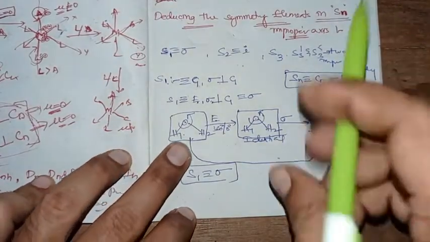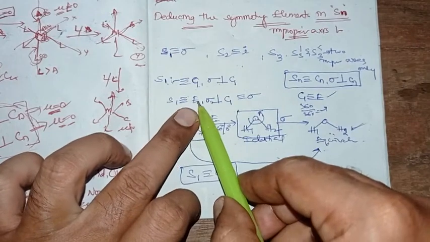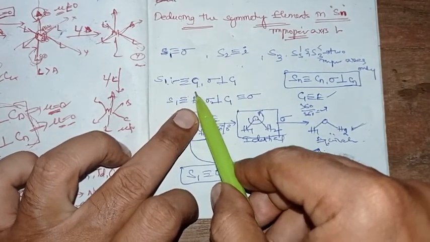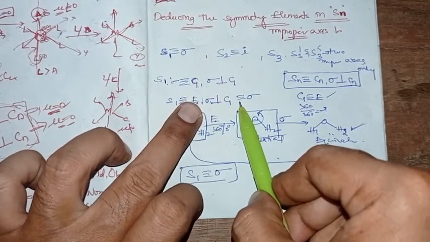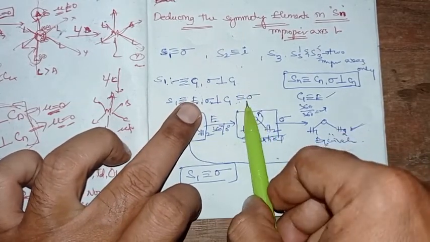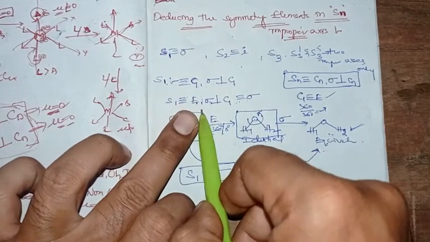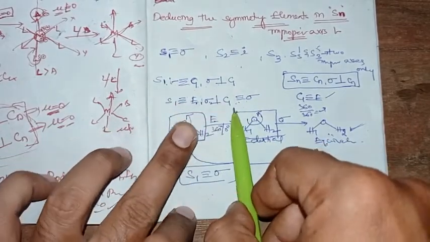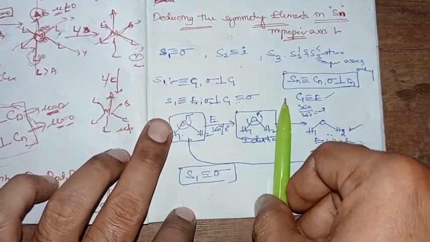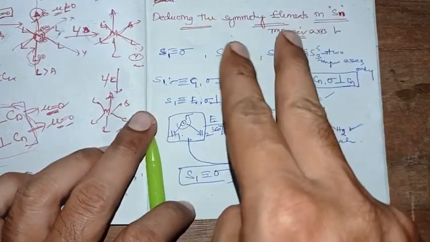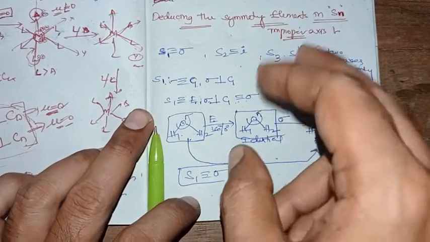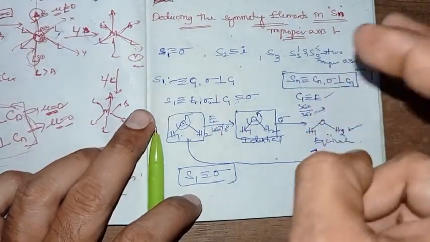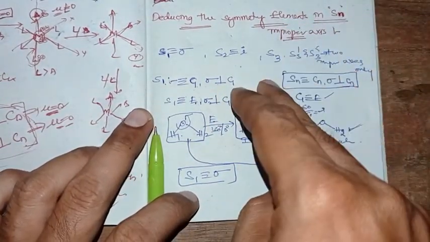Here one more thing we have to say: when we do identity after something, it reflects the something only, right? When we do identity after something, or something after identity, when we combine identity and some other symmetry element, the generated configuration is equivalent to that element only.